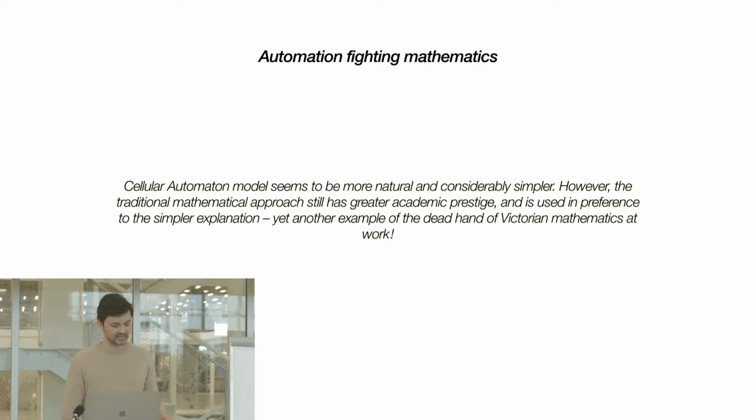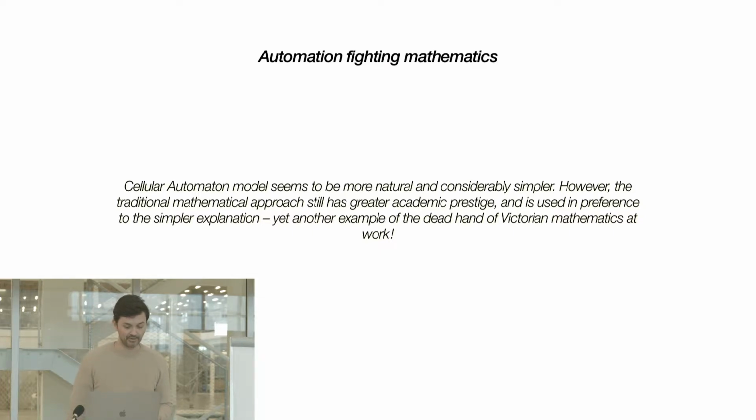And sometimes this ignorance goes into complete hostility towards mathematics, as we can see with Coates, who was also a follower of Chomsky and Stiny, so third generation. He says, cellular automaton model seems to be more natural and considerably simpler. However, the traditional mathematical approach still has greater academic prestige and is used in preference to the simpler explanation.